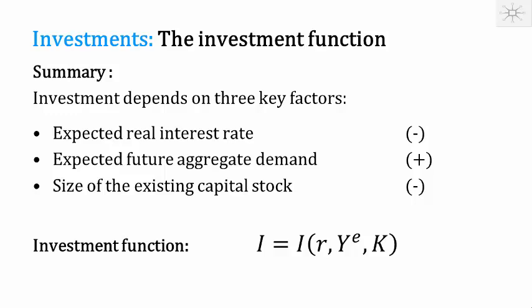And also the capital stock that you already have affects investment, obviously, because if you already have a big capital stock, that reduces the need to invest. So we write down and summarize what we have learned about investment in the form of an investment function. We say that investment depends on these three variables: the expected real interest rate, expected future demand, and how much capital you already have.